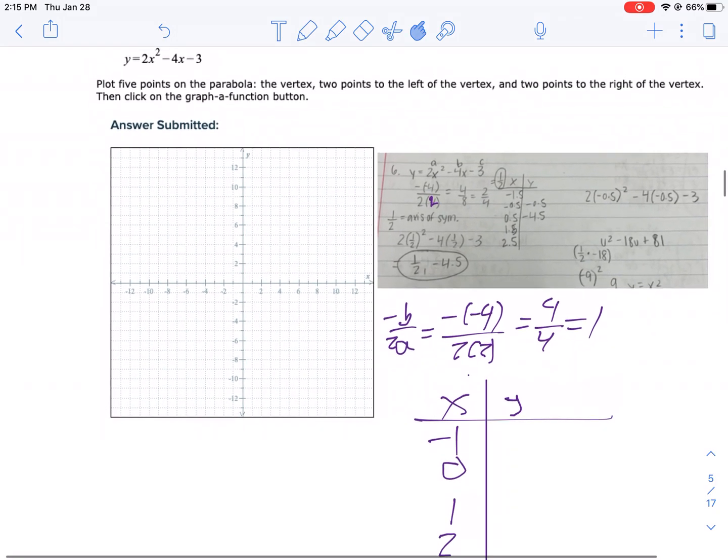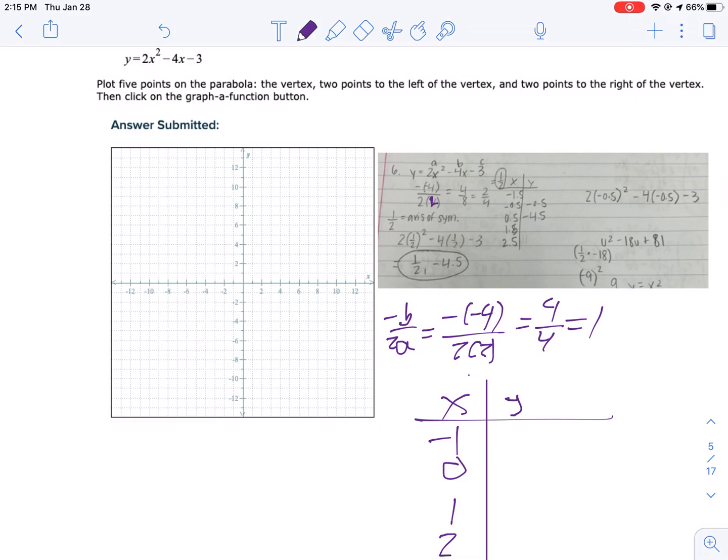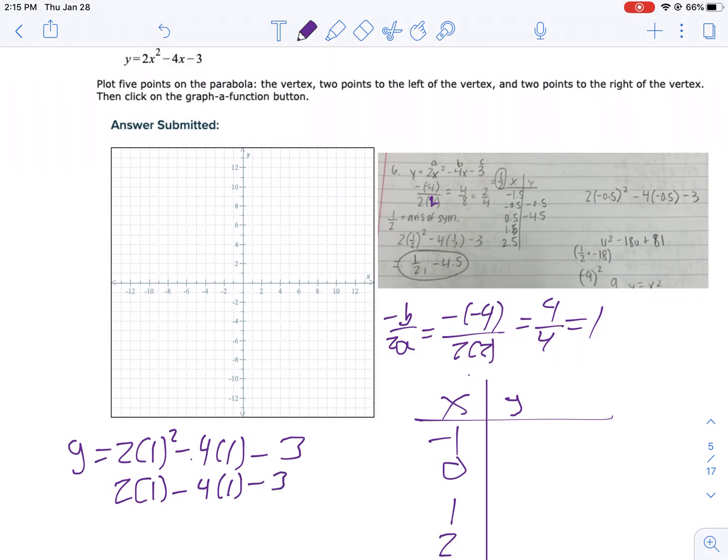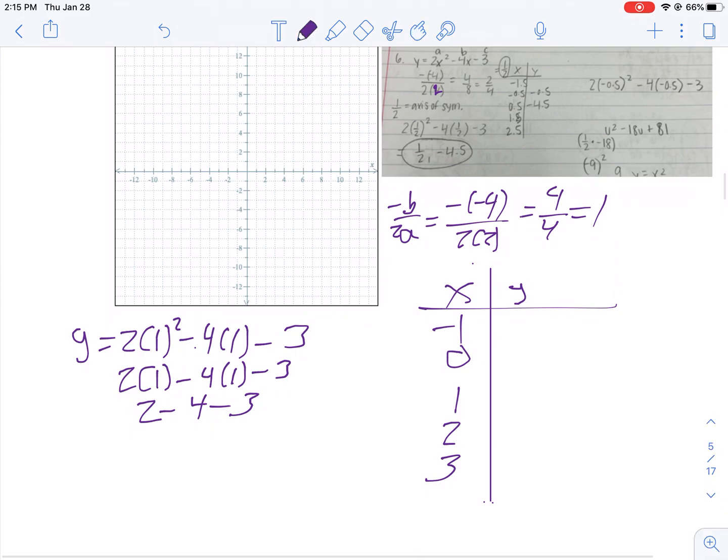So we're going to put 1 in for x. So y equals 2 times 1 squared minus 4 times 1 minus 3. Well, 1 squared is 1, so it's 2 times 1. Copy down the rest of the problem for now. Let's multiply. 2 times 1 is 2. 4 times 1 is 4 minus 3. 2 minus 4 is negative 2.